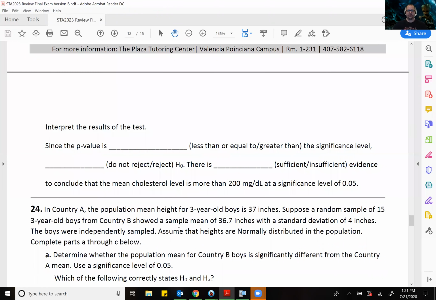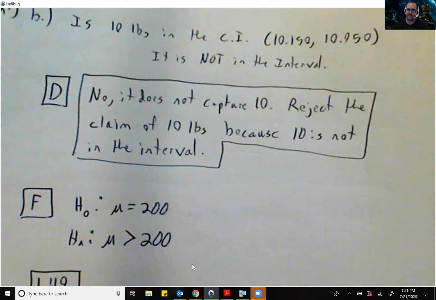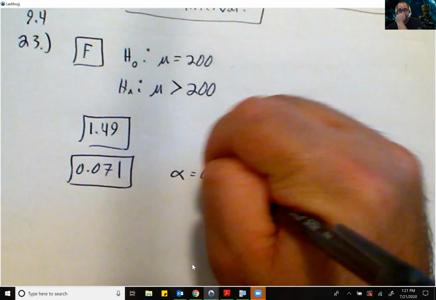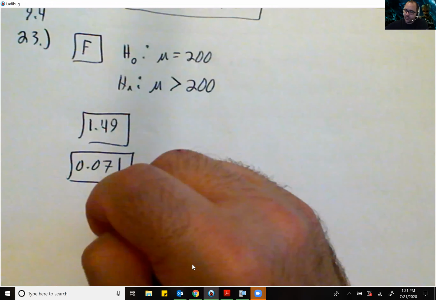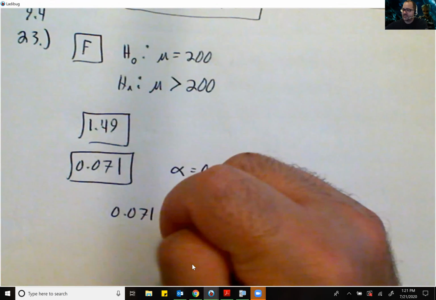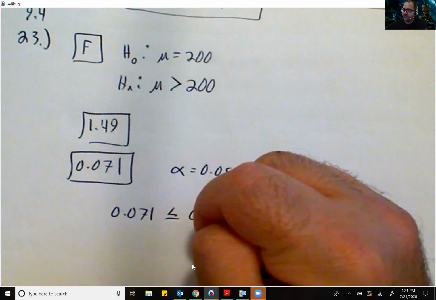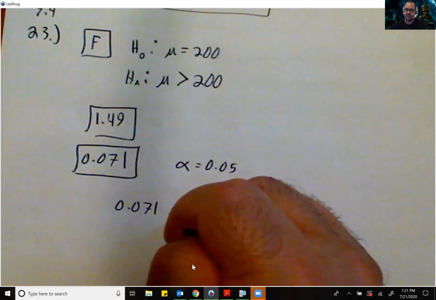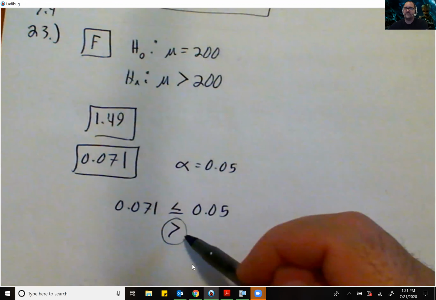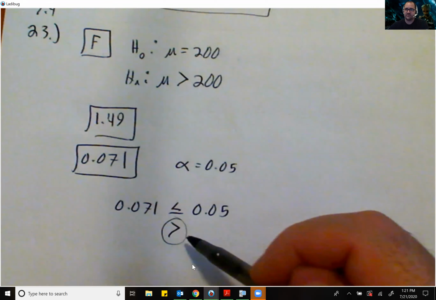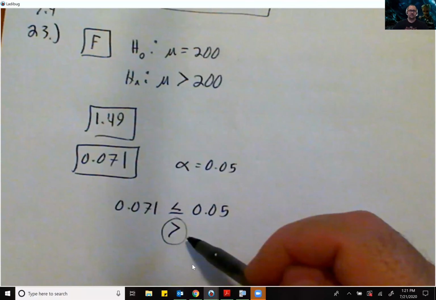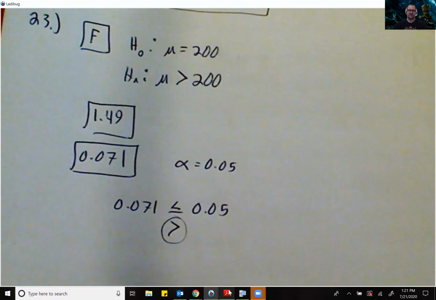And then now we're going to interpret. So again, when we look at this, our alpha is equal to 0.05. So the question is, is 0.071 less than or equal to 0.05, or is it greater than? So this time, it's greater than. So what this means is that we fail to reject. Okay? We fail to reject or fail to accept.